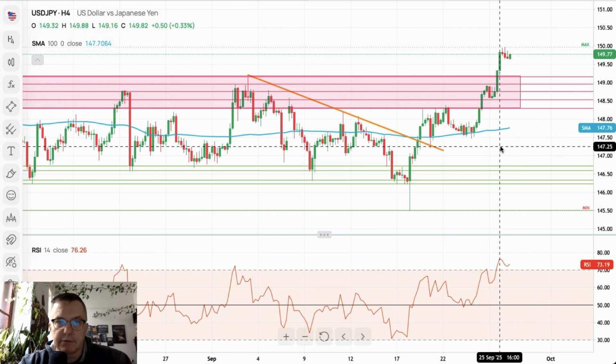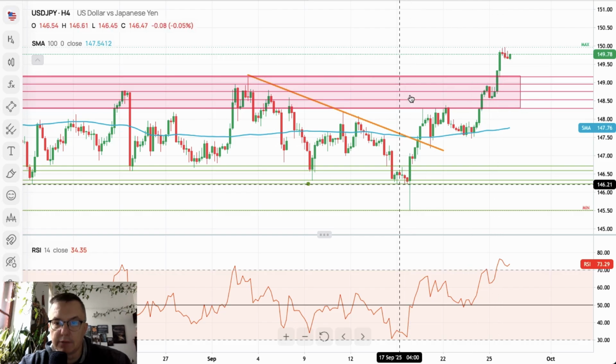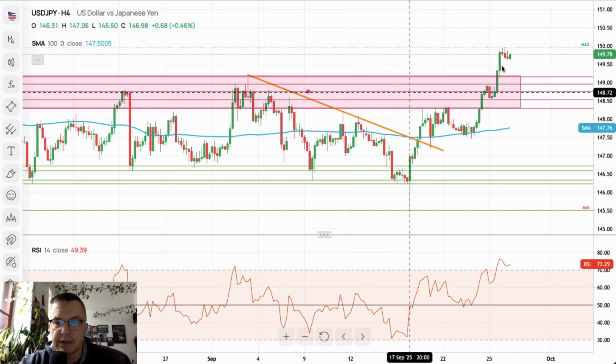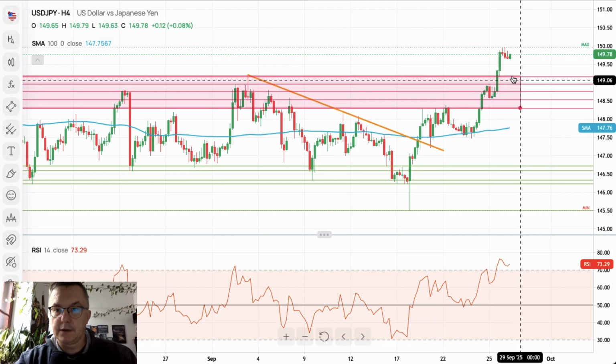Finally, we have a breakout on the US dollar versus the Japanese yen. Local high was made at 149.94, and now we broke out of this channel, of this range here. So the level of 149.17 will act as the newest technical support this time for the market.